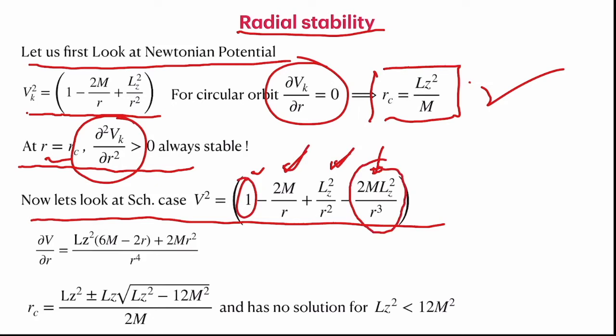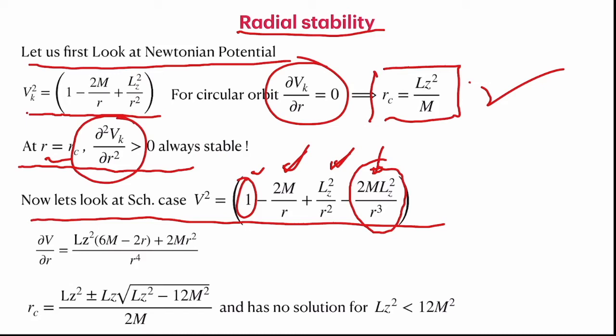Now, if you're familiar with what is called the Bertrand theorem, it says that in the case of a central force problem, there are only two potentials which give a stable circular orbit at each point. They are 1 by r, that is Keplerian, which we have seen here. The other is the simple harmonic.